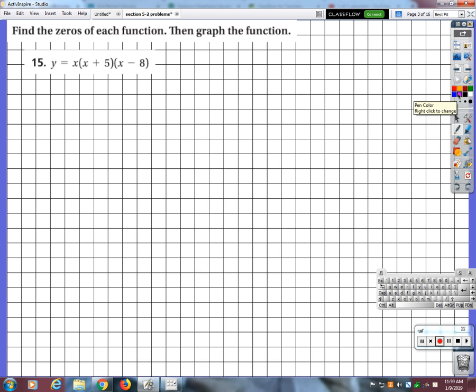Okay, Callista, what are the zeros? Awesome. Okay, so what that tells us is that our graph is going to cross the x-axis at each one of those points. So I'm going to put a dot at 1, 2, 3, 4, negative 5. I'm going to put a dot at 1, 2, 3, 4, 5, 6, 7, 8. And I'm going to put a dot at 0.